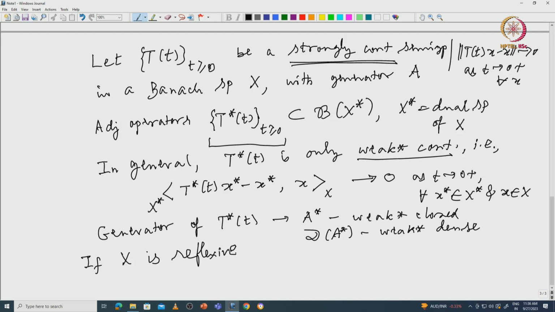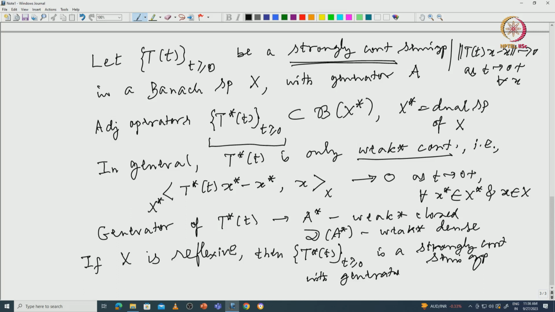So x is reflexive, then T star t is again a strongly continuous semigroup with generator A star.